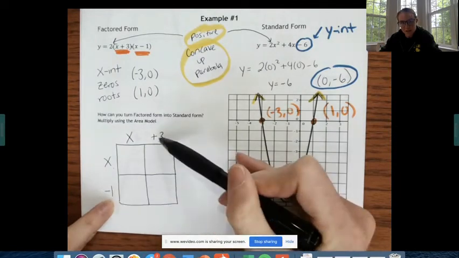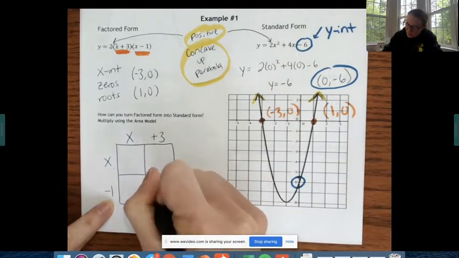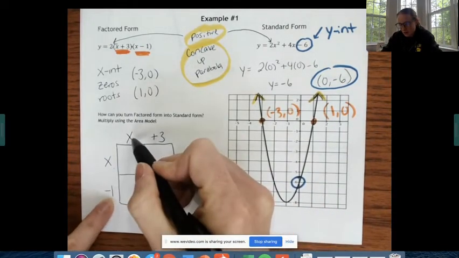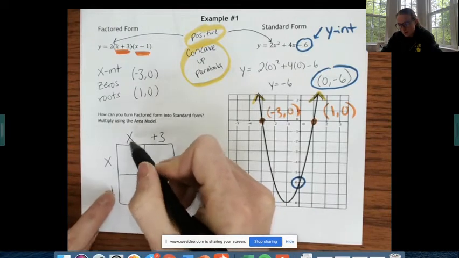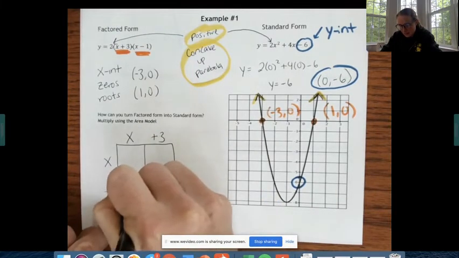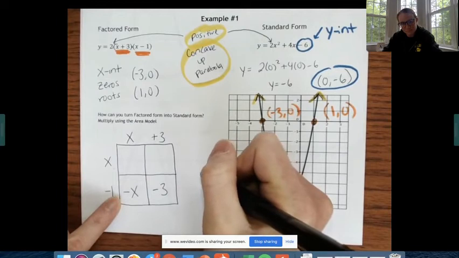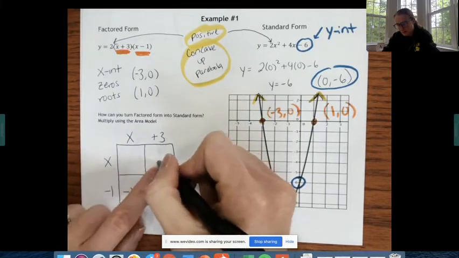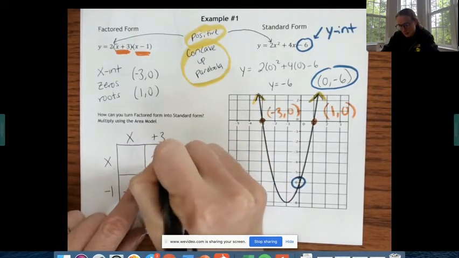So negative 1 times positive 3 is going to give me negative 3. Here I've got x and negative 1. When I multiply those, I get negative x. And then when I multiply x times positive 3, I get 3x.